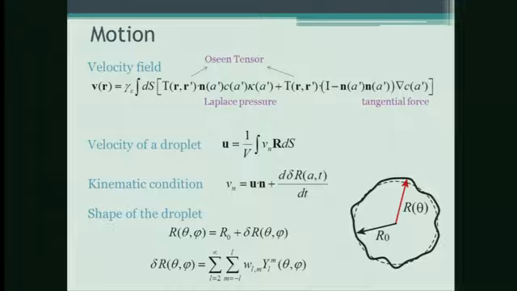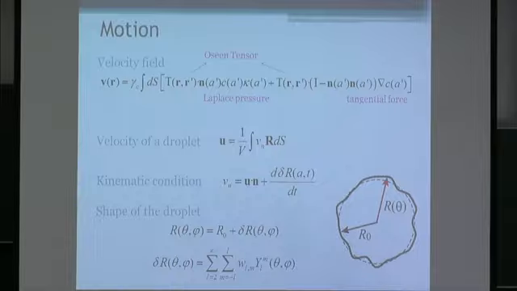And since, as we explained, the concentration field is expanded in terms of the velocity of the droplet, this equation shows some kind of self-consistent equation that determines the velocity of the droplet. And we have another kinematic condition. So the normal velocity is equal to some velocity times the normal direction, and also the contribution from deformation.